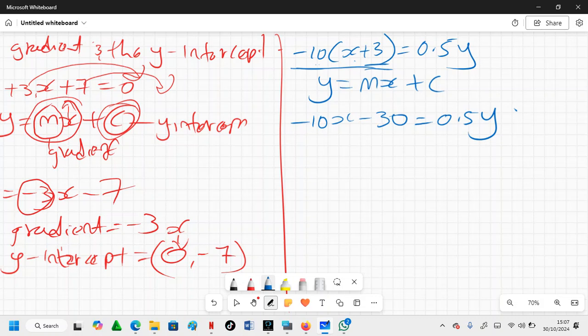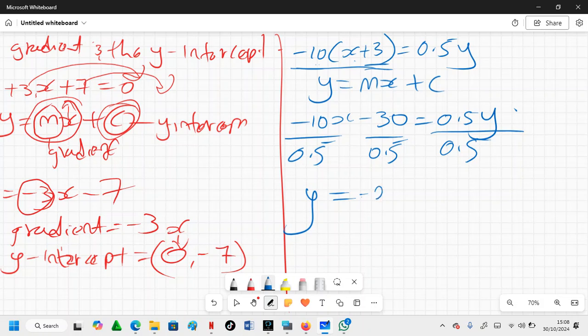Okay. So y is alone. So to just make it more alone, just divide all through by 0.5, and then I'm going to start by writing the y. So negative 10 divided by 0.5 is going to be negative 20.